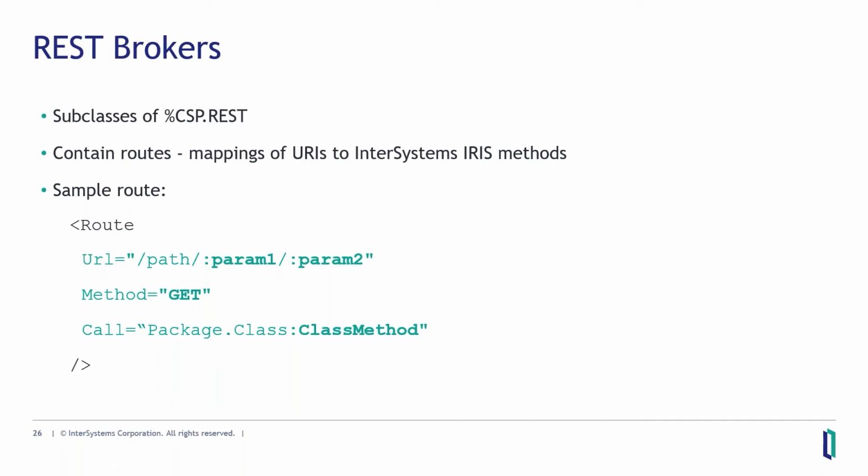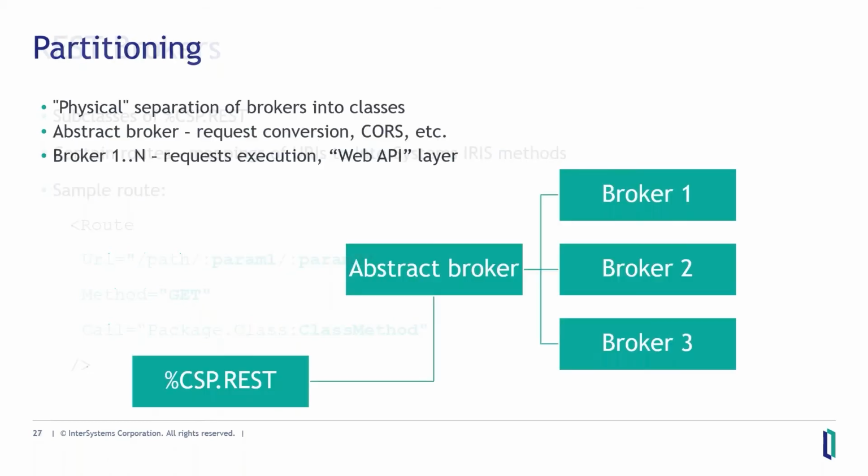Here is a sample route, which has one constant part, which is the path, and two parameters. And it calls a class method of a package class. So just a small reminder.